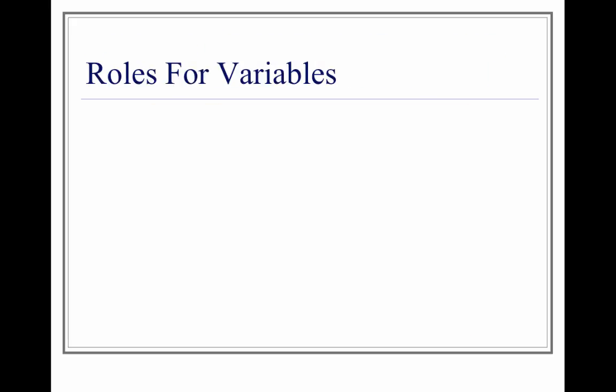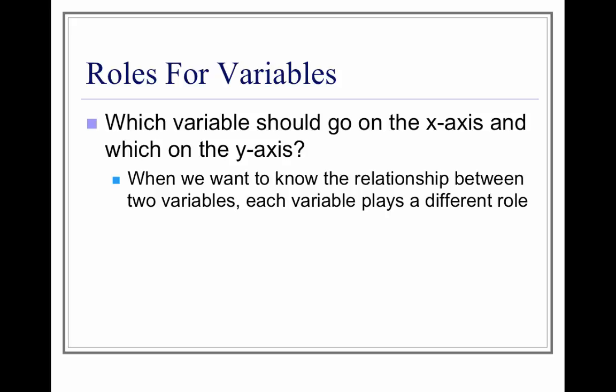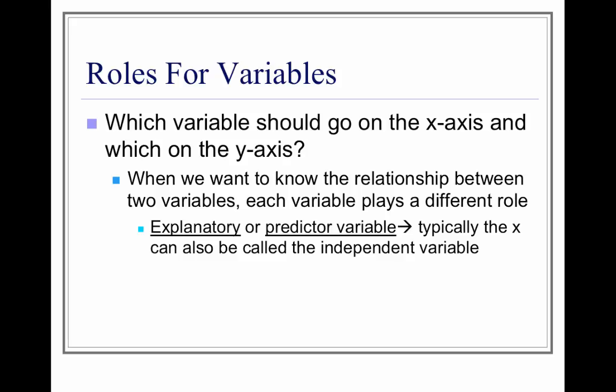Roles for the variables. Understanding which variable goes on the x and y axis is important. You guys have heard of independent and dependent, and we're really kind of going to stick to that, but we have a little bit different vocab. So we want to know the relationship between the two variables and what role each variable plays. So we have the explanatory or the predictor variable.